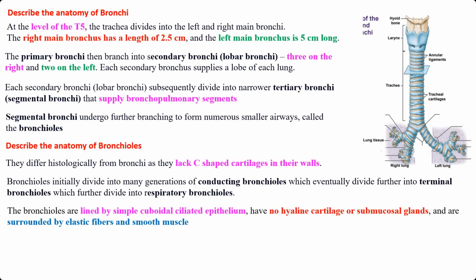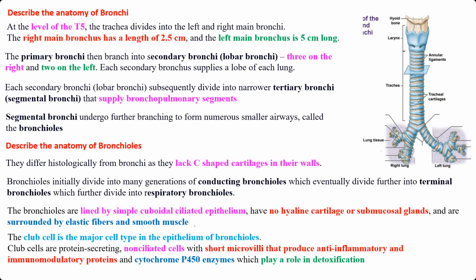The bronchioles are lined by simple cuboidal ciliated epithelium, and they have no hyaline cartilage or submucosal glands, but are surrounded by elastic fibers and smooth muscle fibers. The club cell is the major cell type in the epithelium of the bronchioles.